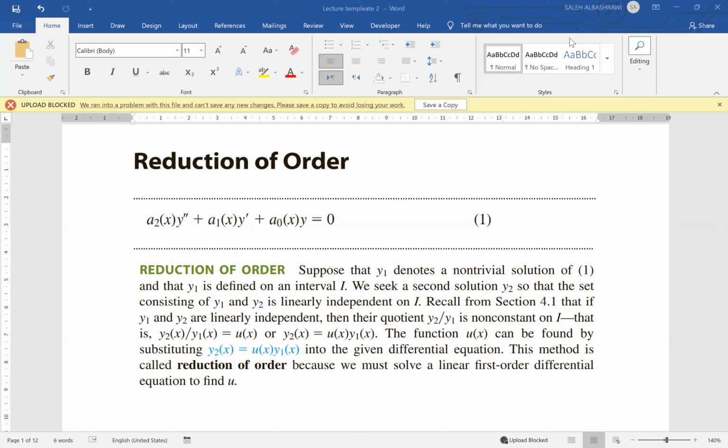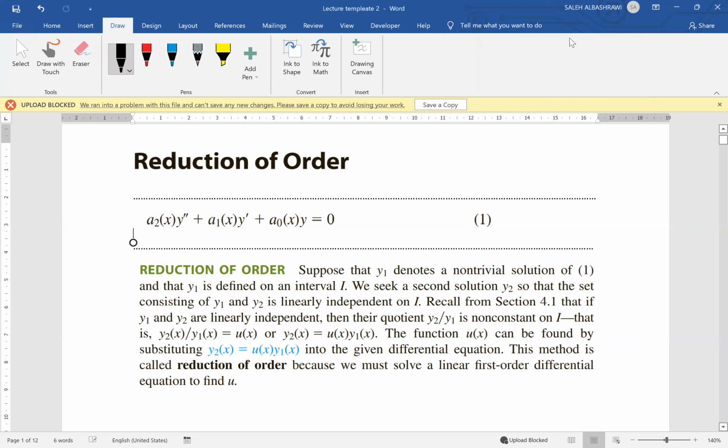So we are assuming that y1, which is a solution of the equation, is given. y1 is a non-trivial solution of equation 1, which is defined on an interval I. And we need to find a second solution y2.